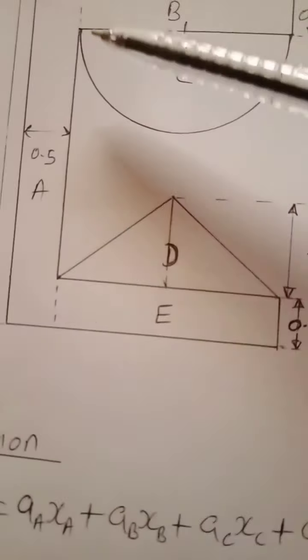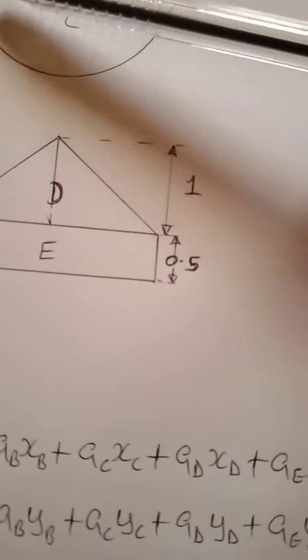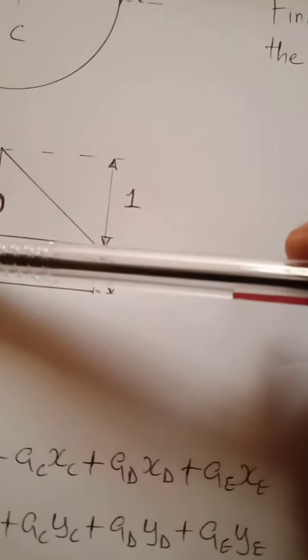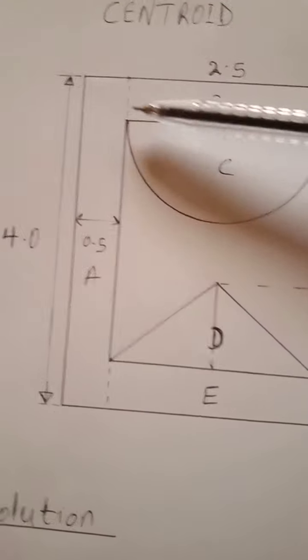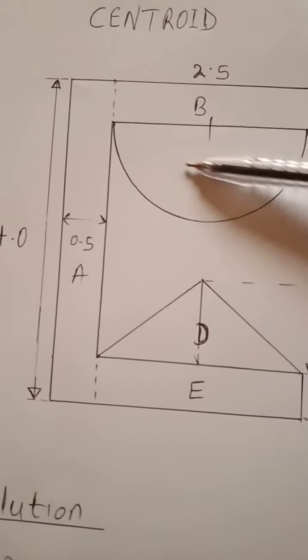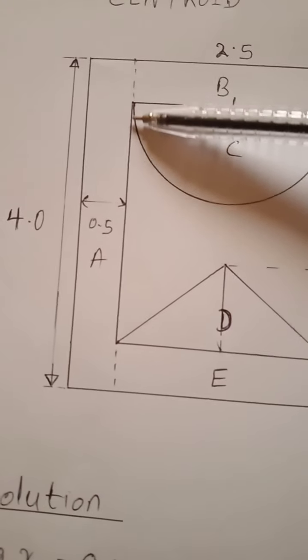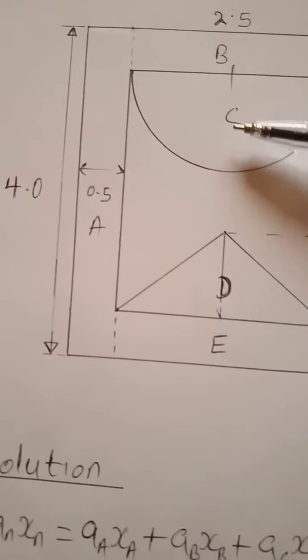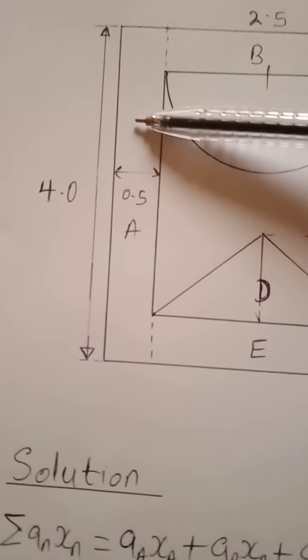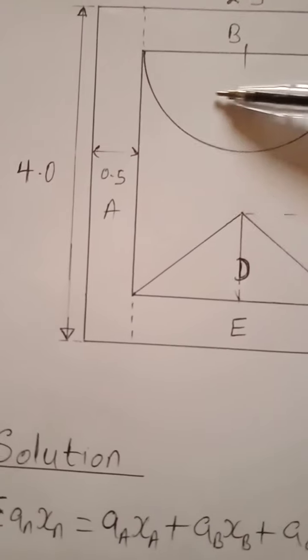So whatever we get here, we are going to subtract it from 3.5. Here to here is 3.5. Whatever we get using the formula for the distance, we remove it from here. That gives the center of this semicircle.